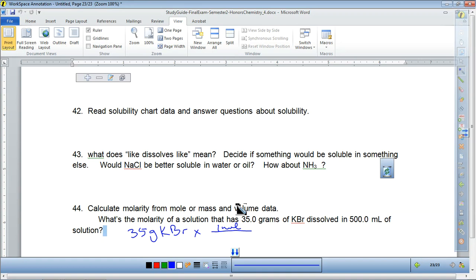Something like 119 grams per mole. And then we'd have to divide by the volume in liters, which would be 0.5 liters. So 35 divided by 119 divided by 0.5 is about 0.588 molar.